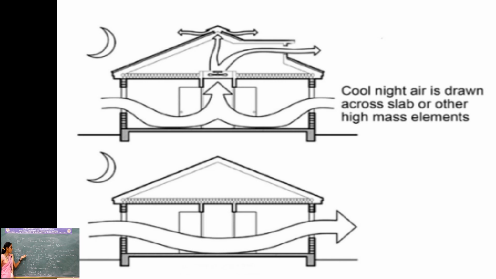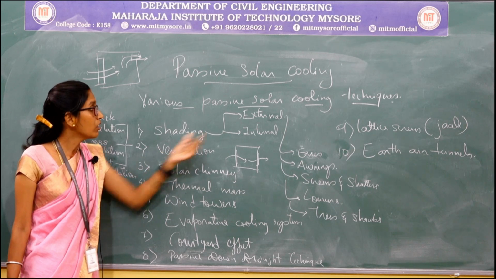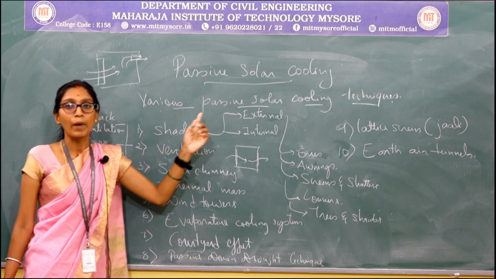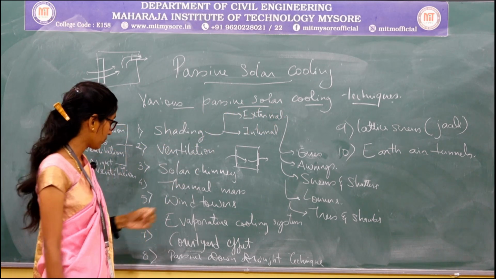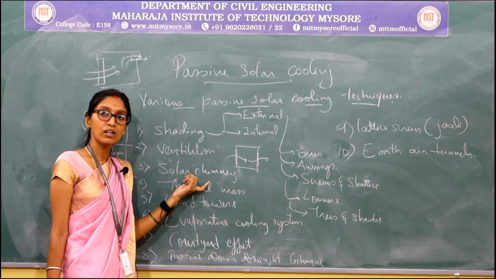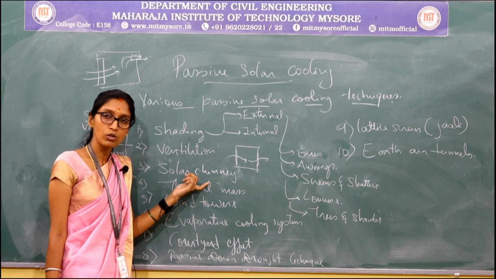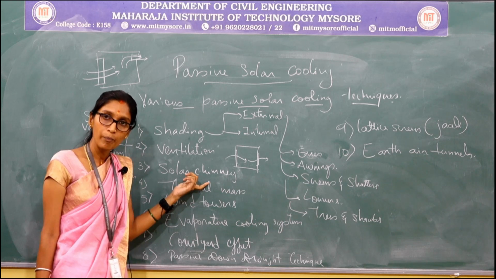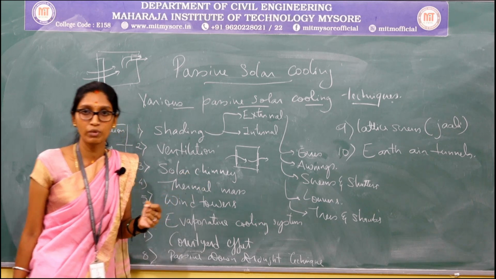So this is how the ventilation helps in providing a cooling effect in passive buildings, okay. Next. So what is next? Yes, the third technique that we have for passive solar cooling in a building is your solar chimney.